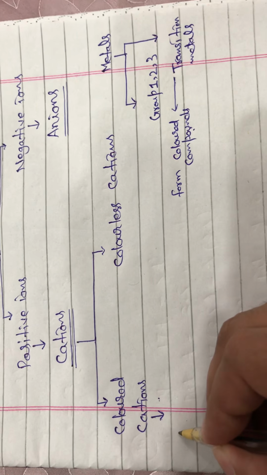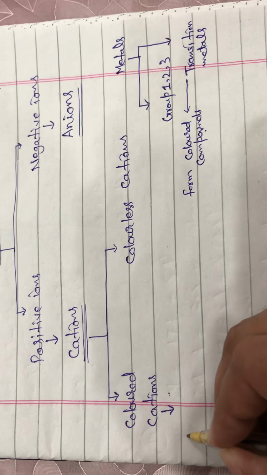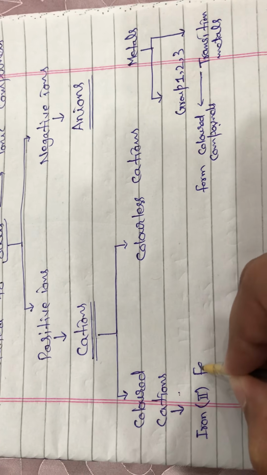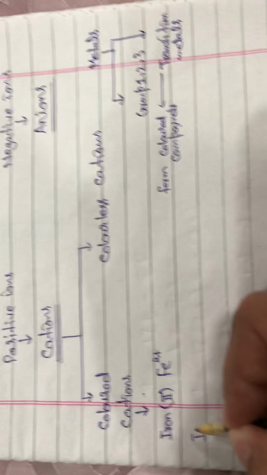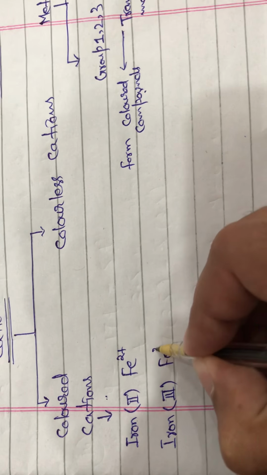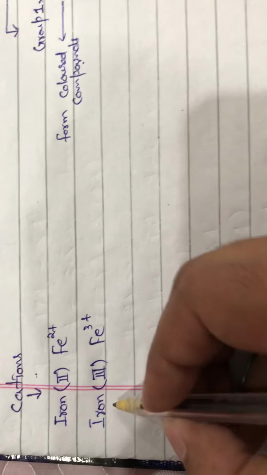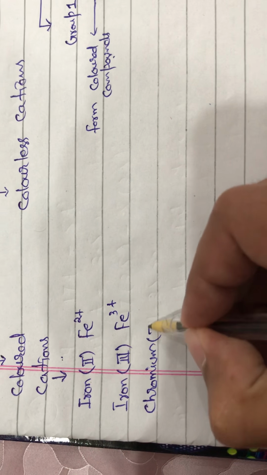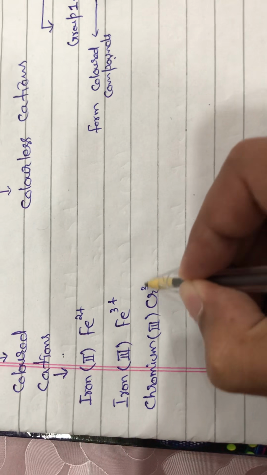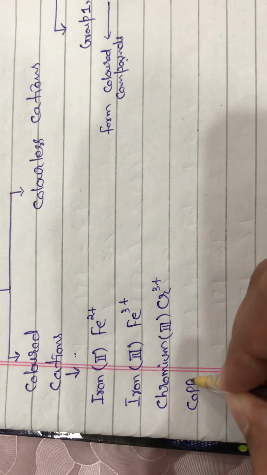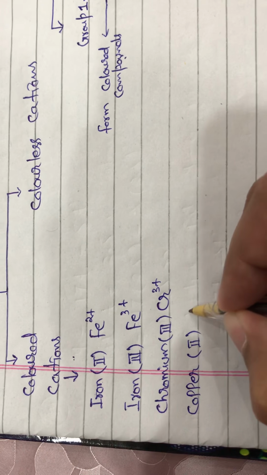So colored cations that are in your syllabus, these are iron 2, Fe2 plus, iron 3, Fe3 plus, chromium 3, Cr3 positive, and lastly we have copper 2, Cu2 positive.